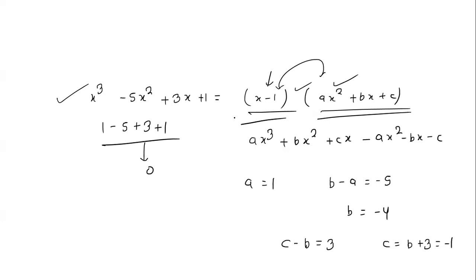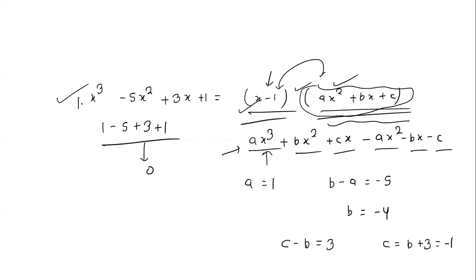So now how can you find this a, b, c? You can equate both sides. First you multiply this whole thing by x, it will come like ax cube plus bx square plus cx. Then you multiply this whole thing by minus 1, it will come like minus ax square minus bx minus c. Now you equate the x cube coefficient. Here it is ax cube and here it is 1 times x cube, so a is 1.